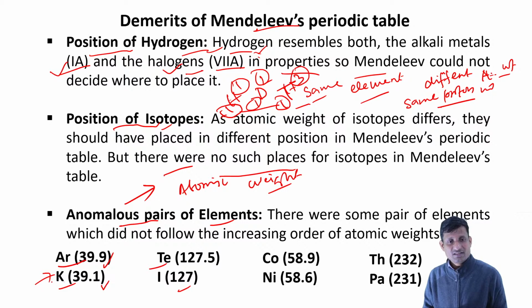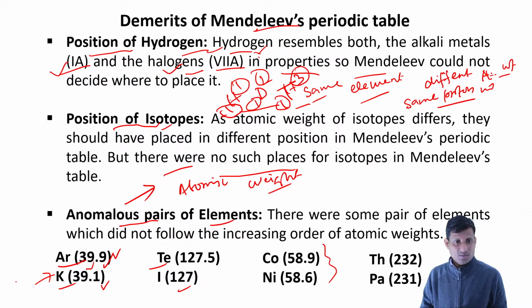So this does not follow the atomic weight consideration. For these kinds of pairs, it did not hold. These are exceptions, where the lower atomic mass is placed after the relatively higher atomic weight.